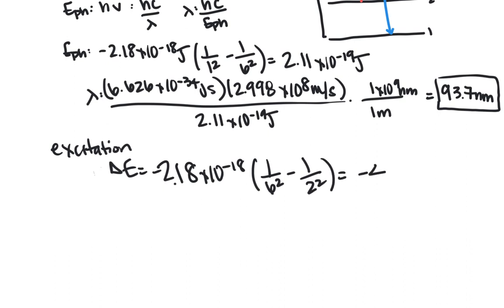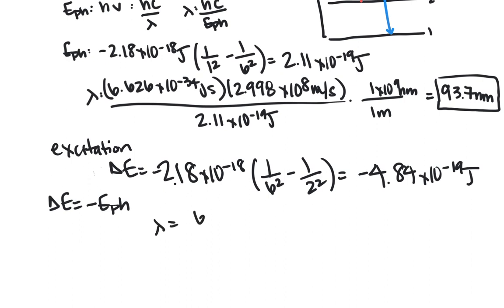And that gives you negative 4.84 times 10 to the negative 19 joules. Now in this case, for excitation, delta E equals negative E photon. It's just really going to get rid of the negative sign, but this has to do with thermochemistry, where we can see that the change of energy is inversely proportional.